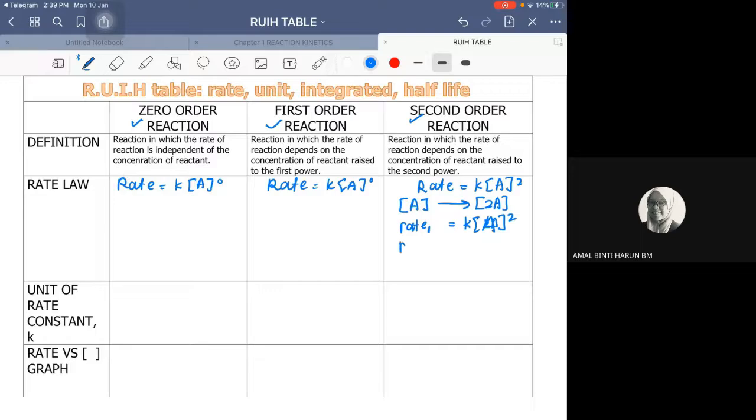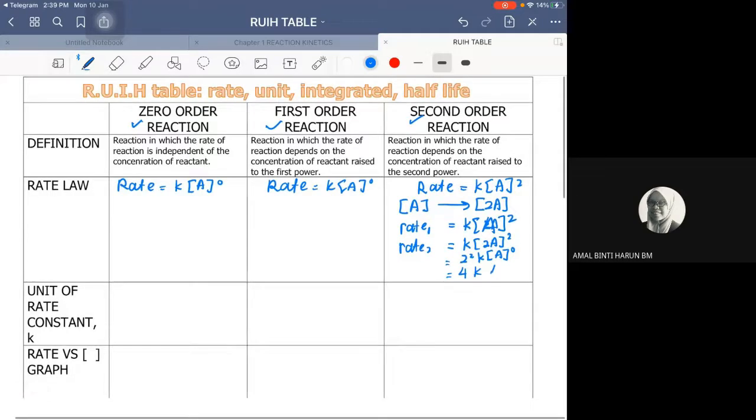Tapi kalau kita doublekan concentration dia, dia jadi rate 2. Dia akan jadi K 2A power of 2. Betul tak? So, kita factorize. Kita dapat 2 square K A power of 2 and then 4K A power of 2.